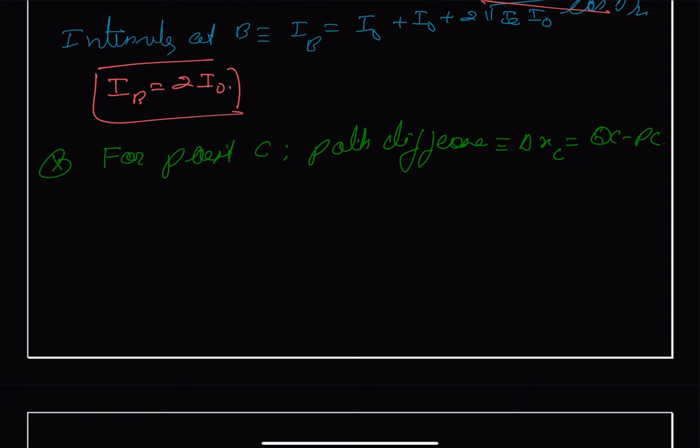So we can say this delta xc is equal to our PQ, which will be equal to 5 meters.